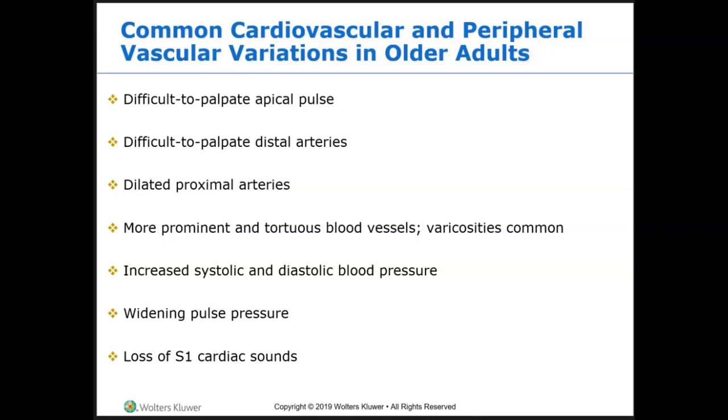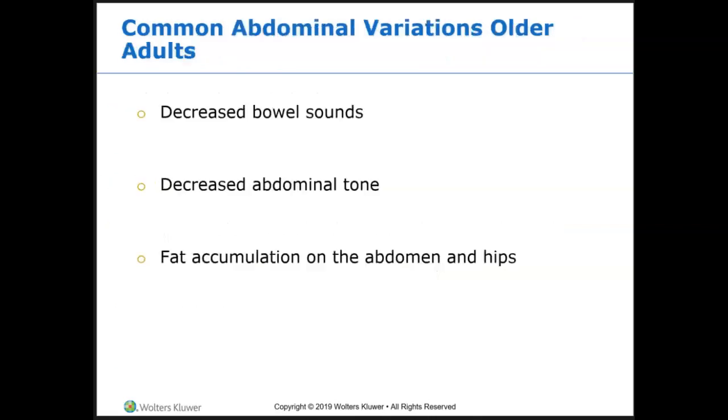In the left ventricle, modest concentric wall thickening occurs due to cellular hypertrophy, right? But the cavity size doesn't necessarily change, right? Doesn't change. Older adults experience thinning in the lining of the stomach, a decrease in the elasticity, and fats are therefore not tolerated well.